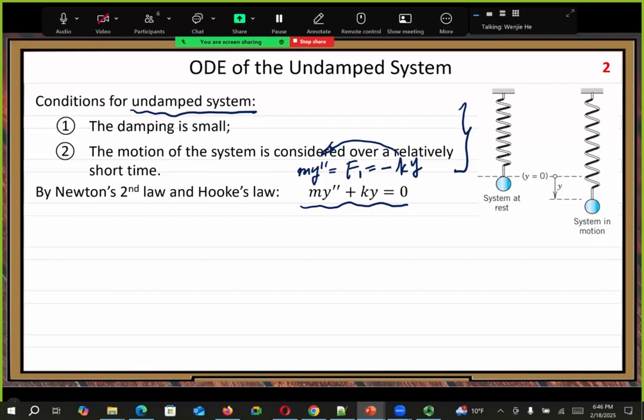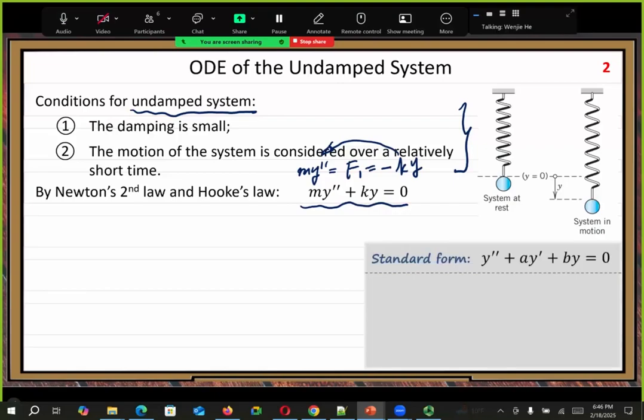Then we need to solve it. It's very easy to solve. Characteristic equation, the standard form. The way to solve it, standard with constant coefficients a, little b, both constant.